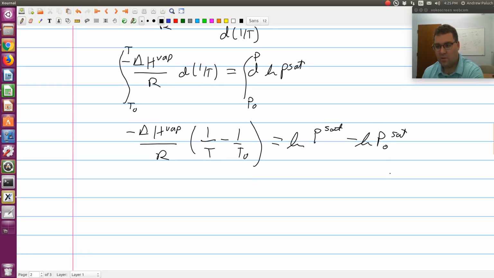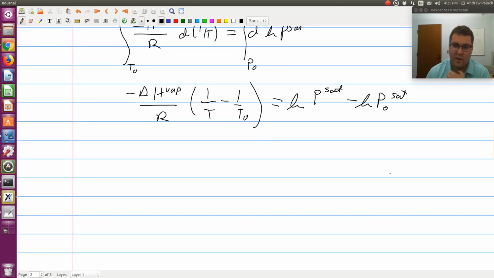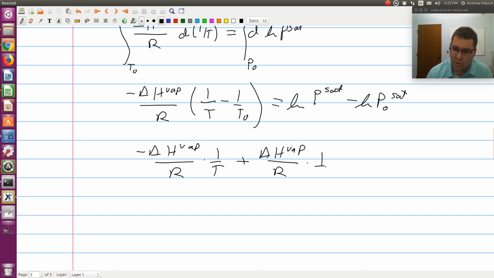Cool. So all I'm going to do is distribute and collect terms. Over here then, I'm going to have negative delta H of vaporization over R times inverse T, plus delta H of vaporization over R times 1 over T naught, is equal to log PSAT minus log P naught sat.